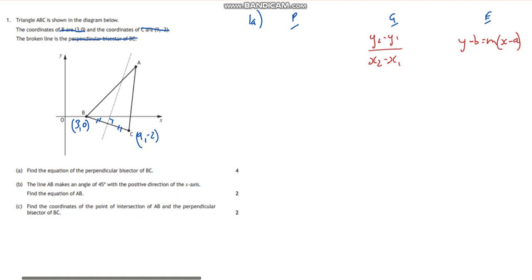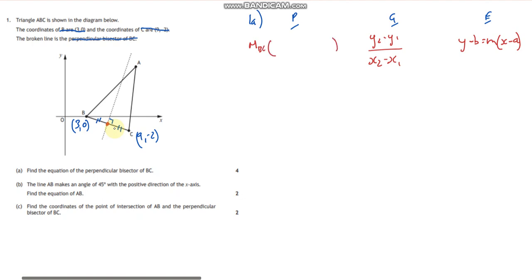So that's a nice place to start. For this one, I'm looking for the perpendicular bisector of BC. Well, I'm going to need a point on the line, and I'm going to need a gradient. So I'm going to need this point here, and the perpendicular gradient of this line. So my point is the midpoint of BC.